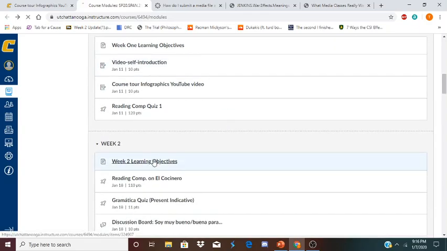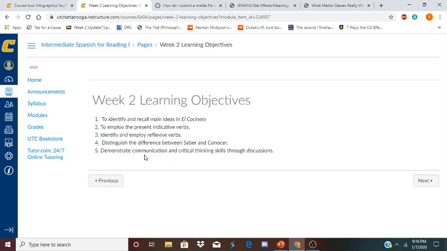Then week 2, we have to identify and recall main ideas in El Consino, employ the present indicative verbs, identify and employ reflexive verbs, distinguish the difference between saber and conocer, and demonstrate communication and critical thinking skills through discussions.